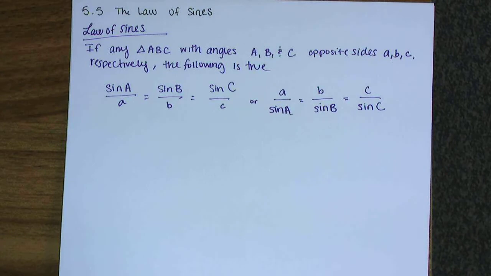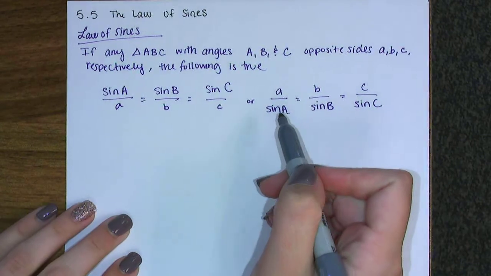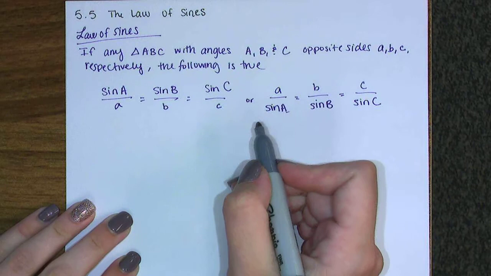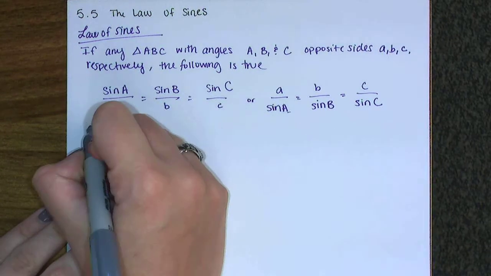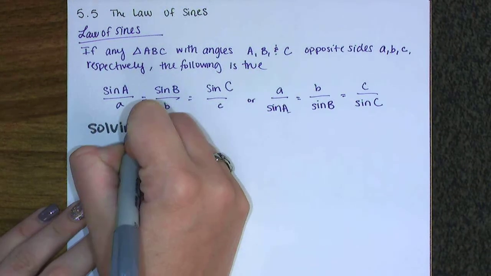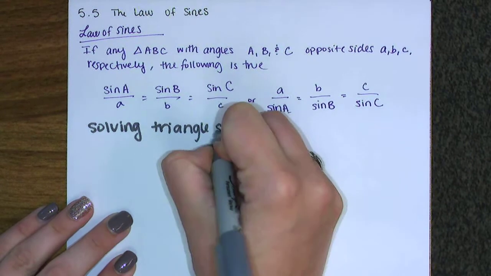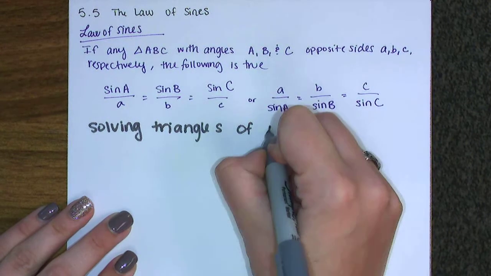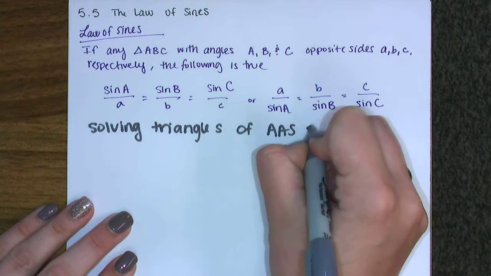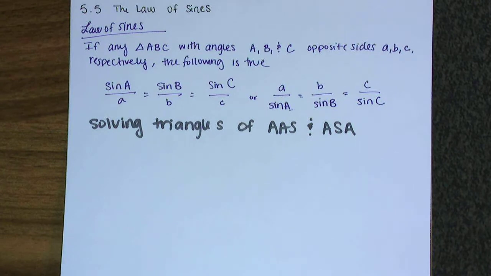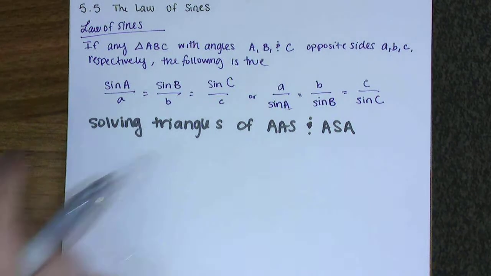I can't even remember all of them. But in order to use this, one of the options that we have, or well, two of the options, I guess I should say, for solving triangles are angle, angle, side, and angle, side, angle. So those are two things that we can use this law for.